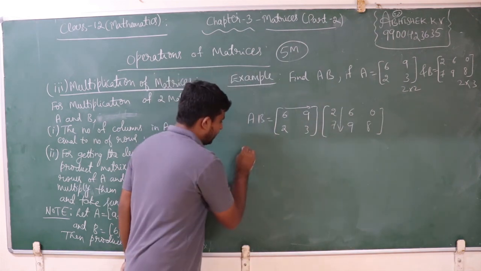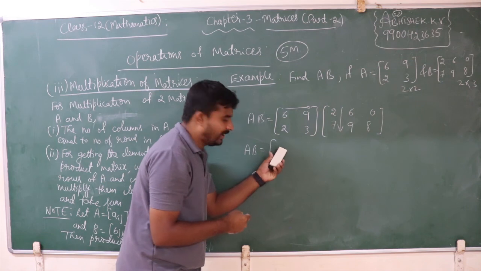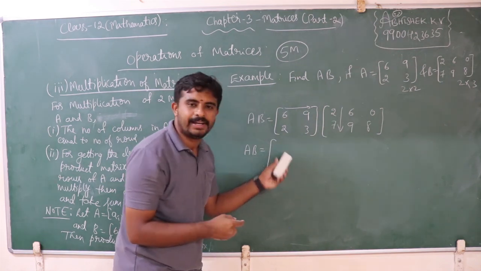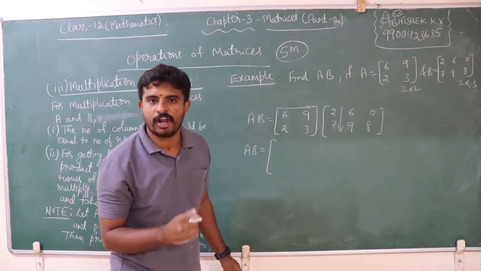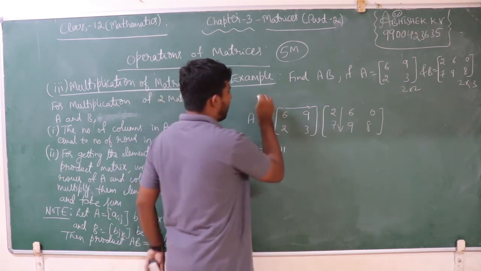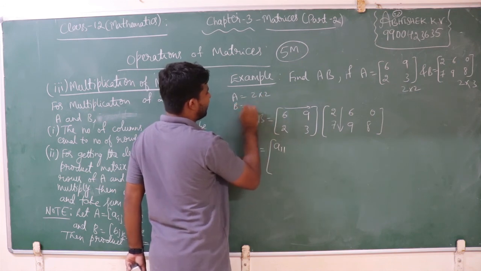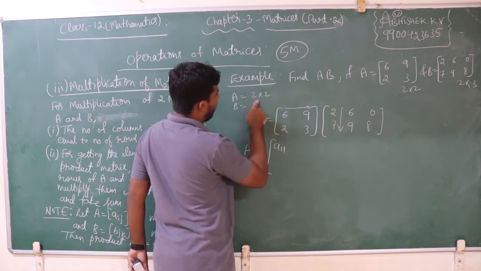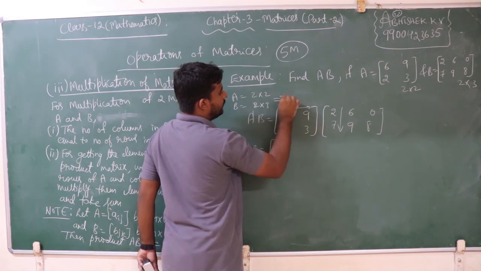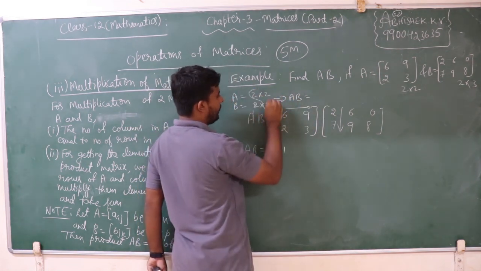First column. See, AB is equal to, see, if I write the element here, what is this element? First row, first column element. This is A11. What is the final order? I already told you. A has order 2 by 2. B has order 2 by 3. This implies AB has order 2 cross 3.